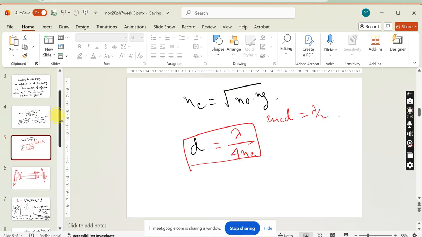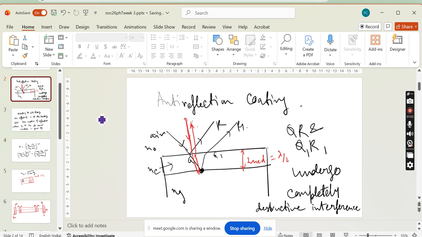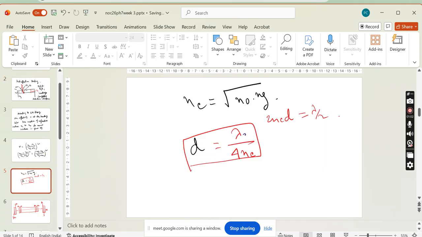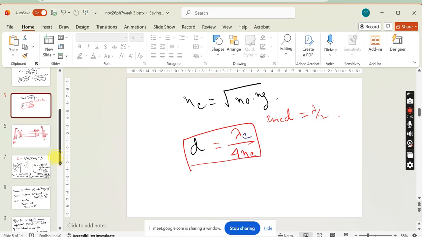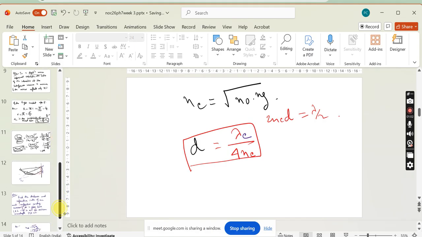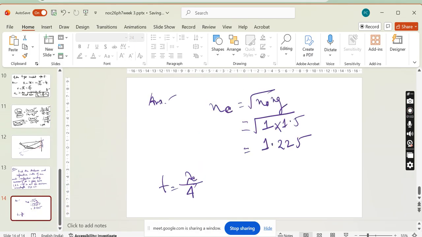Here you need to understand that the wavelength of the light changes when it travels from air into the coating or the glass. So this lambda is basically lambda c, the wavelength of the light in the coating. So that is lambda c by 4. Lambda c is lambda naught by n_c.